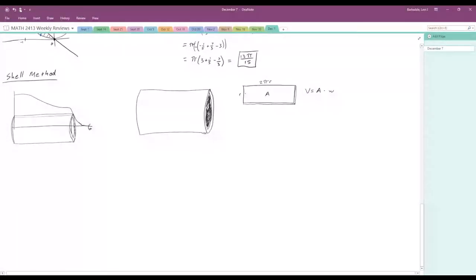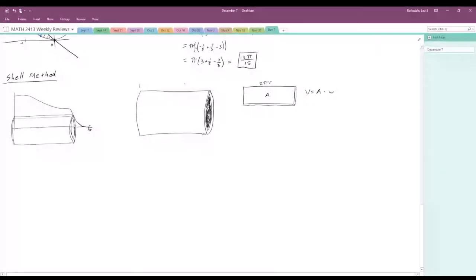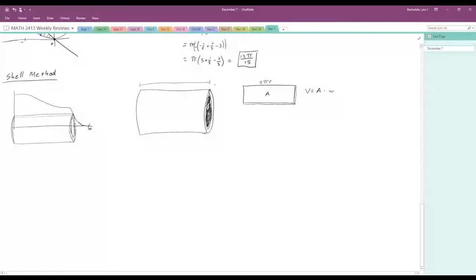Sorry, I said radius, that's not right. The height is this distance here. So 2 pi times the radius times the height.